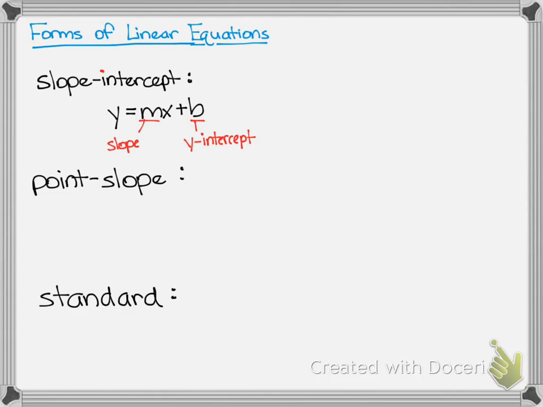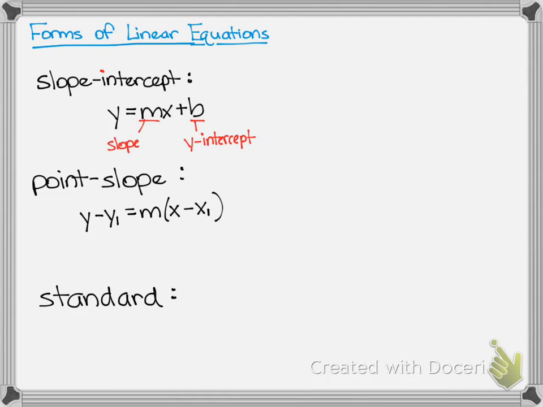Okay? The next form we're going to look at some today is called point-slope form. For point-slope form, you need a point of your line, and then you also need the slope of your line. So exactly what it sounds like. That formula is y minus y1 equals m times x minus x1.